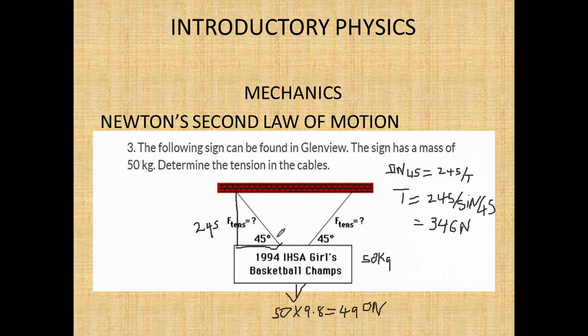So the tension in this cable is 346 newtons. So when you already know the vertical component, all you have to do is solve for the hypotenuse, which is the tension in the cable.